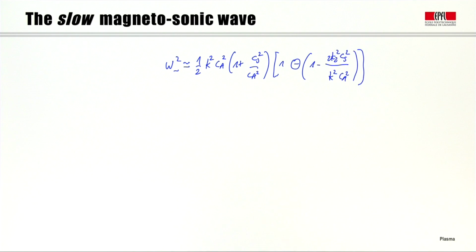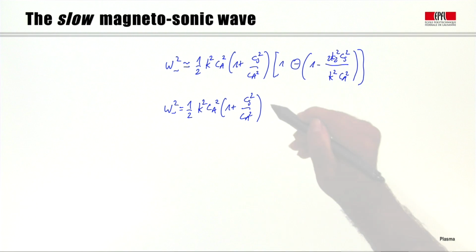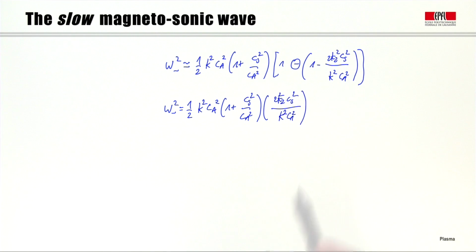We've taken here the minus solution. We can now work through the algebra. The 1 minus 1 term cancels out, so we only remain with 2 kz square Cs square divided by k square Ca square, and k square Ca square simplifies out.